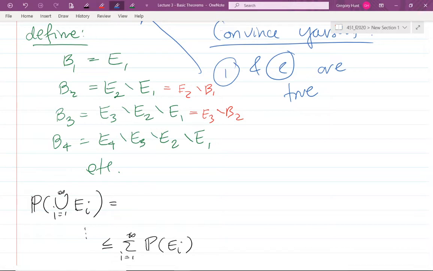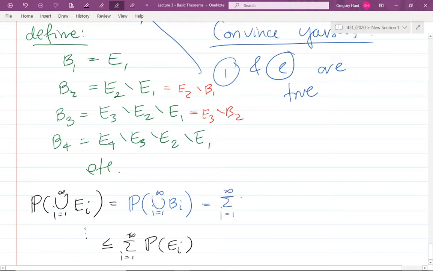So first note that since the union of the E sub i is the same as the union of the B sub i, just replace the union of the E sub i with the union of B sub i. So that equality is true. And these B sub i are disjoint. So axiom 3 says that I can write this as the sum from 1 to infinity of the probability of the B sub i.